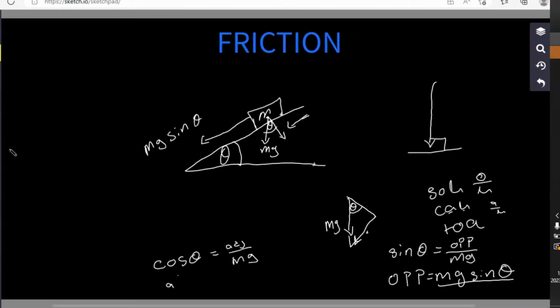Meaning if we make the adjacent the subject of the formula, we get mg cos theta. So the force at this line will be mg cos theta.